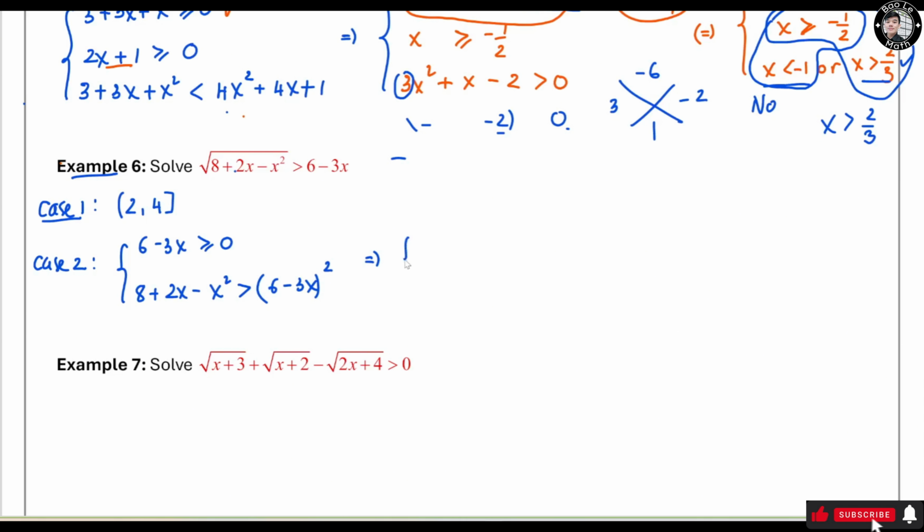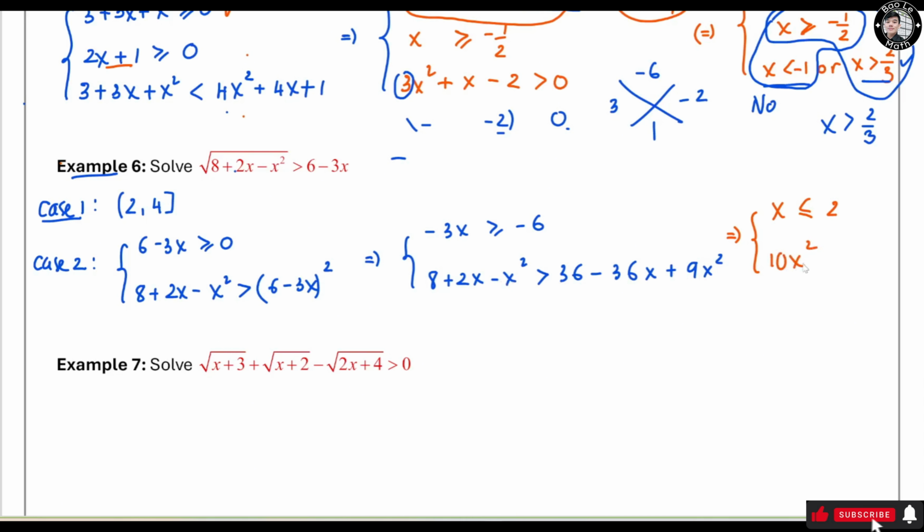So this is the same thing as s less than or equal to 2, right? And this one, we just add s squared to both sides, it becomes 10s squared, right? Subtract 2s from both sides, it becomes -38s, right? And subtract 8 from both sides, it becomes plus 28 less than 0, right?